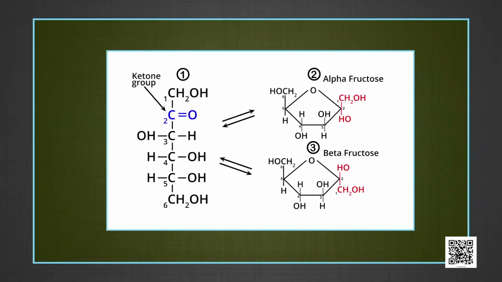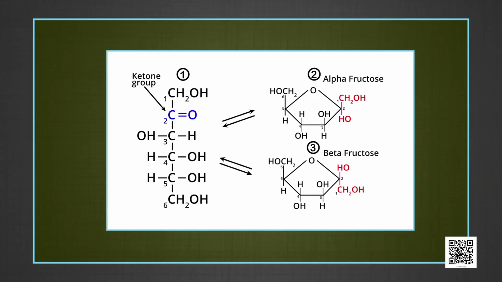You can say in this diagram, the carbon at the second position carries a ketone group, that is C double bond O. In the ring form, this is known as the furan ring, furan for fructose, and it is a member of 6 carbon atoms but carries a ketonic group. The ketone group is represented by the O on the upper side. Further, fructose is divided into two groups, alpha and beta.